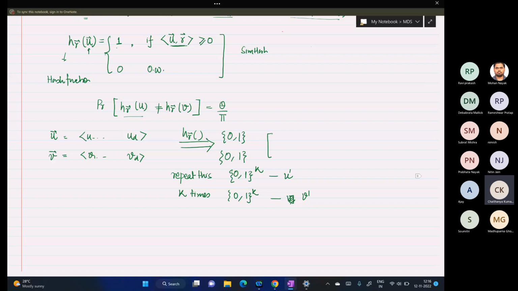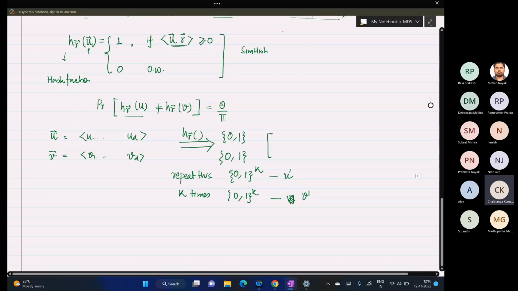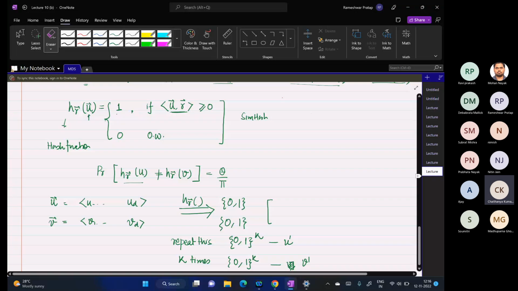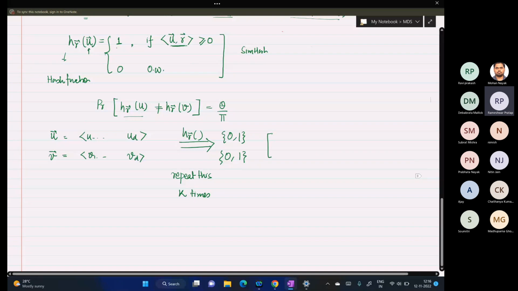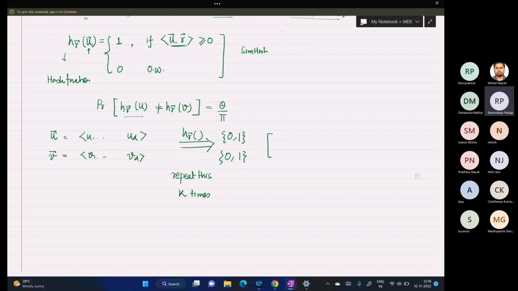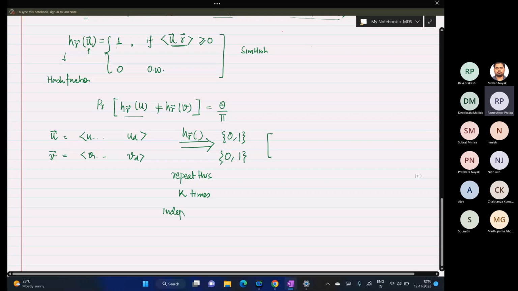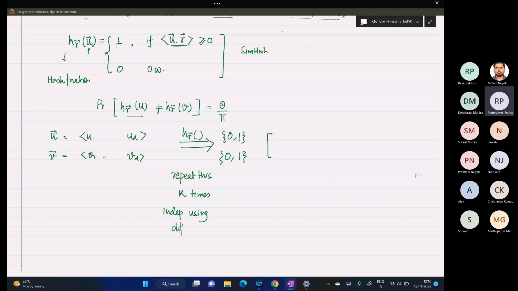Sir, when we repeat with multiple hash functions, we will get a vector of zeros and ones, right? Yes. So that's what I have written. Maybe for clarity, I'll write it like this. Repeat this k times independently using a different r each time.